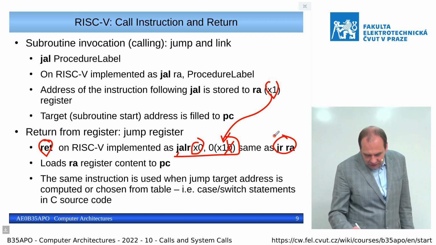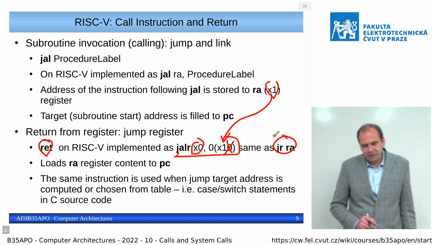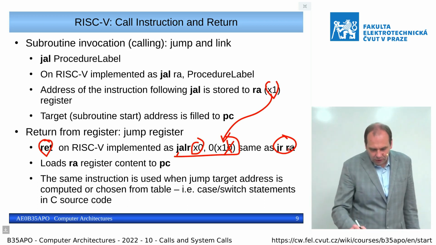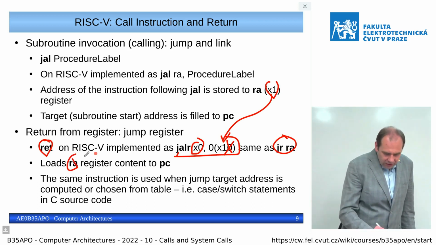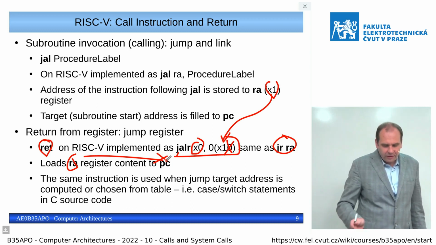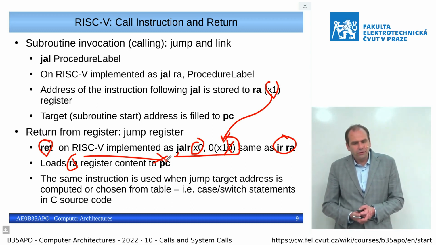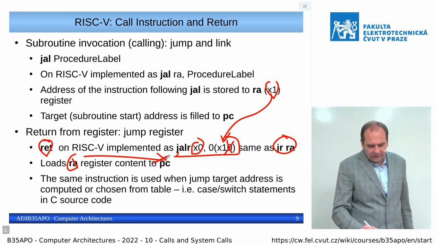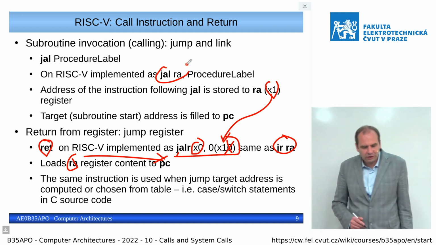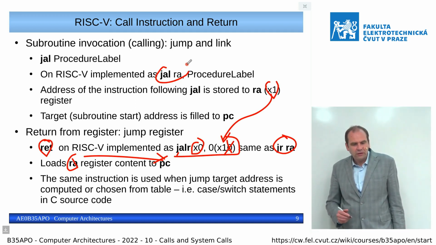So it is a jump to the address in the return address register. The return address register is loaded to the program counter, and we can continue from the previous address after the call of the function.